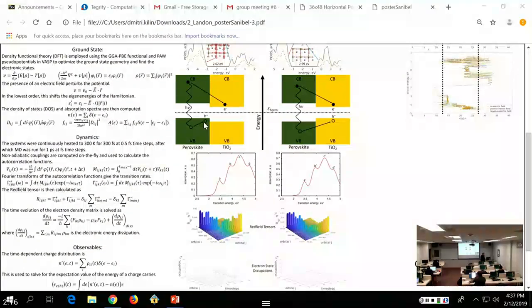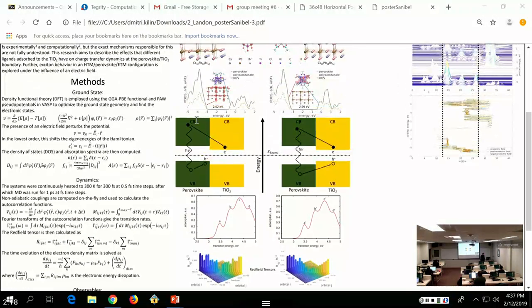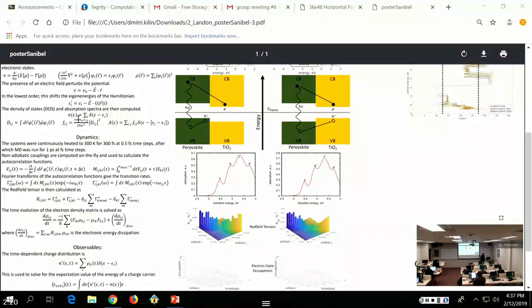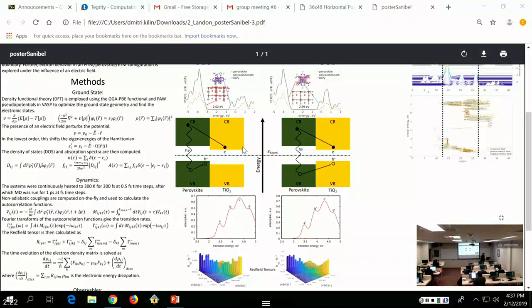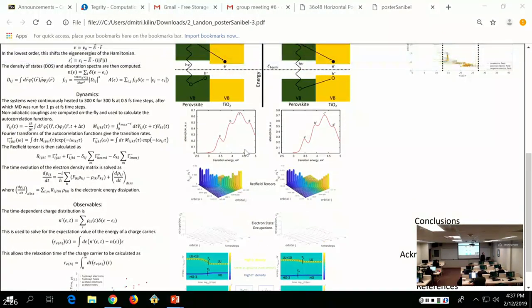And so once we have the ground state electronic configurations, we can calculate the transition dipoles and the oscillator strengths in order to figure out the absorption spectra. There's a pretty negligible difference between the two of these.